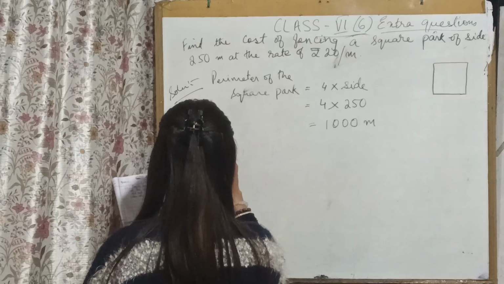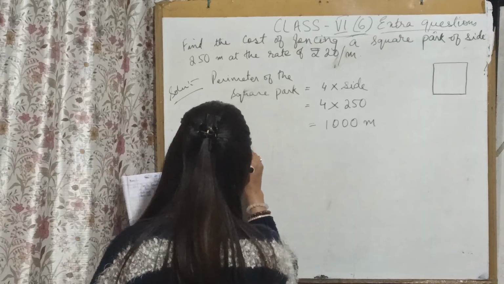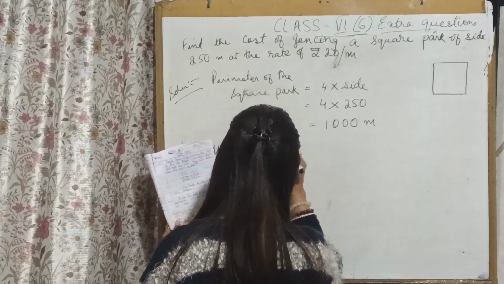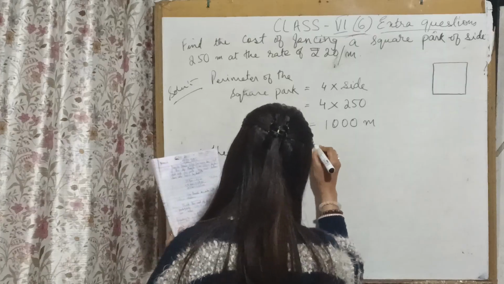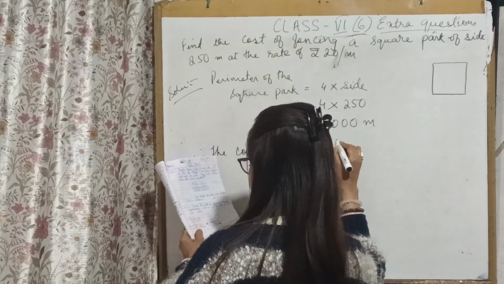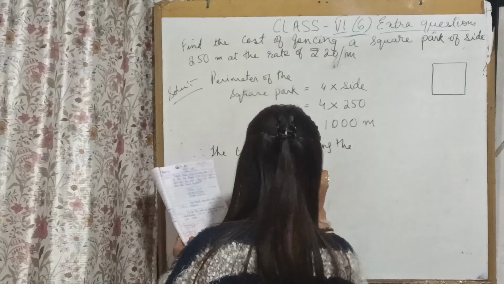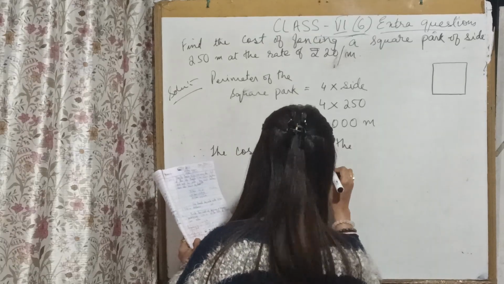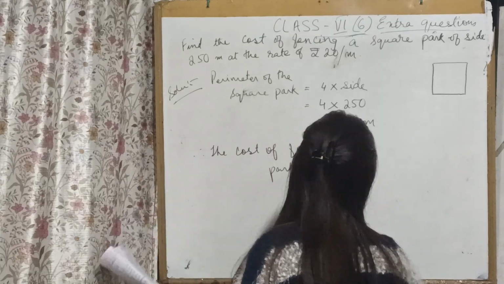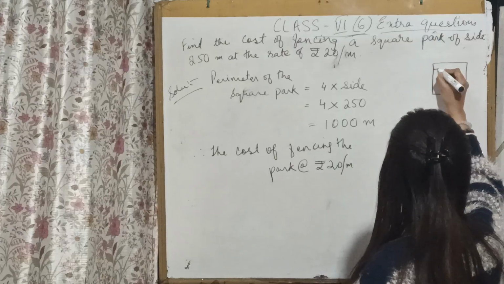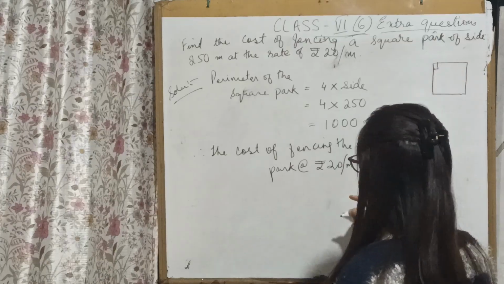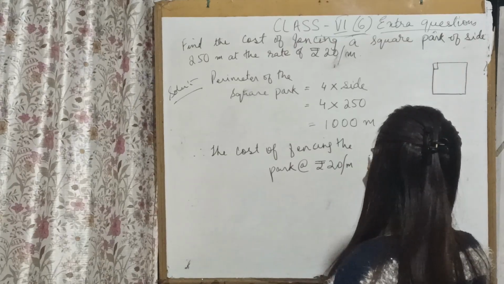Therefore, the cost of fencing the park at the rate of rupees 20 per meter. 20 per meter, say this much would cost at the rate 20 rupees.